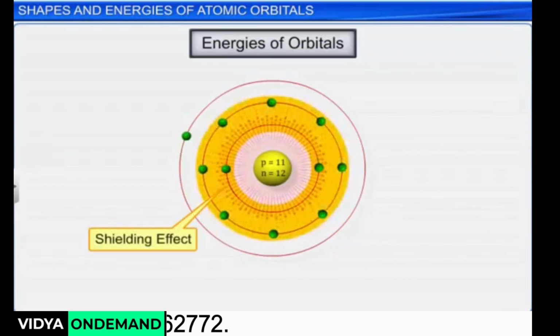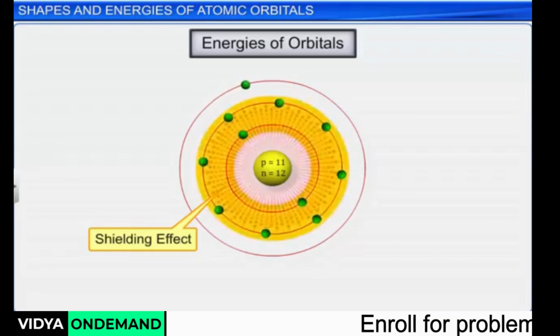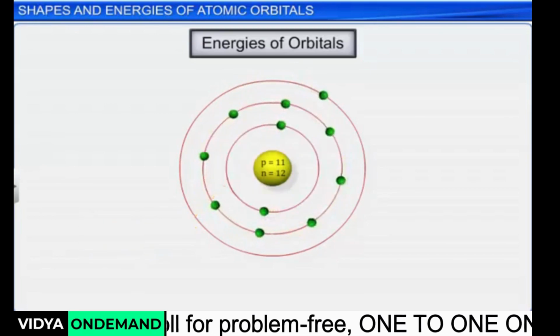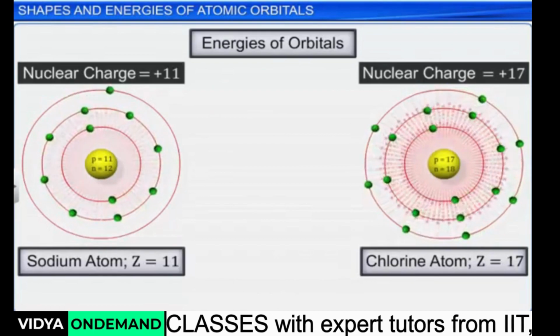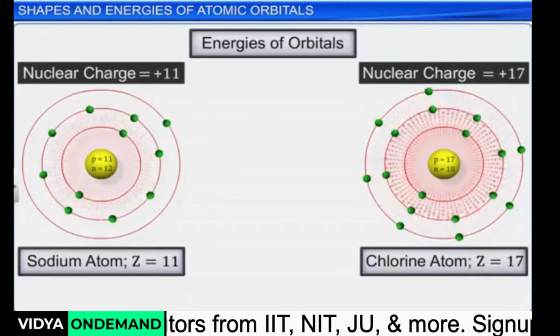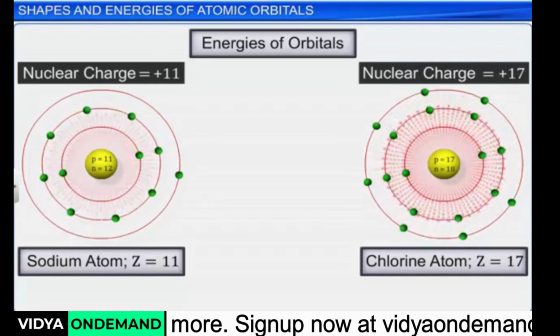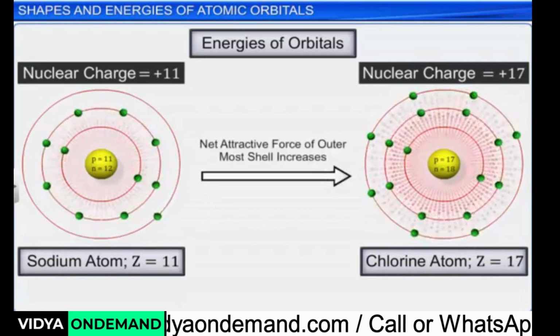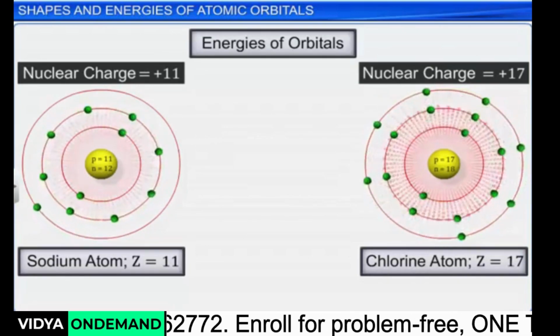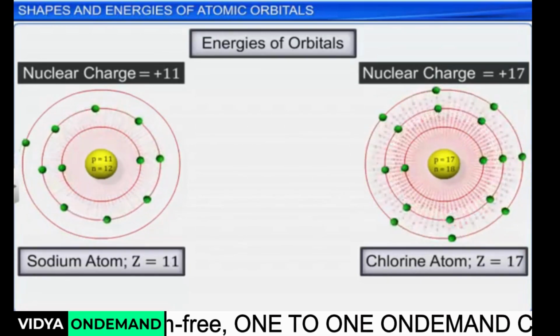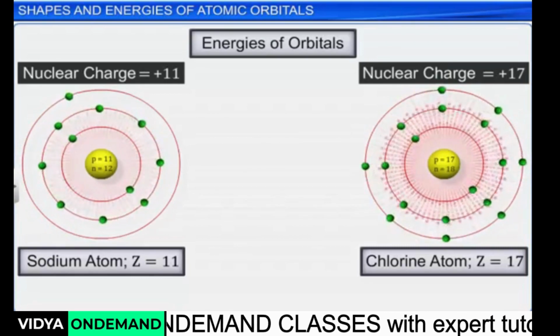Despite the shielding effect, the net attractive force experienced by the outer shell electrons increases with increase in nuclear charge. In other words, the energy of interaction between nucleus and electron, that is, orbital energy, decreases or becomes more negative with increase in atomic number.